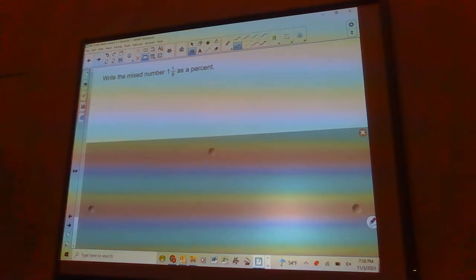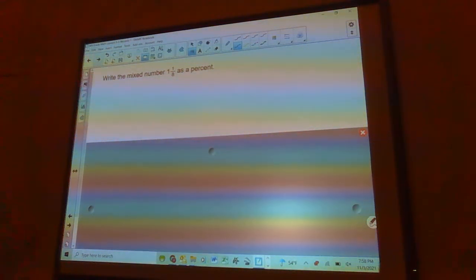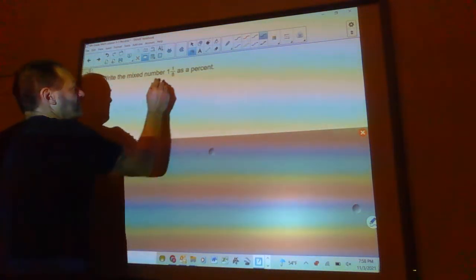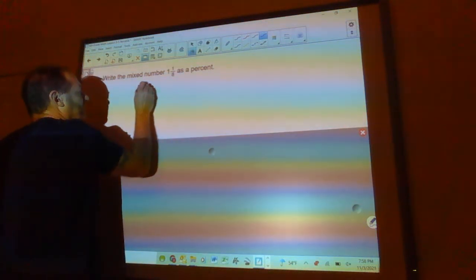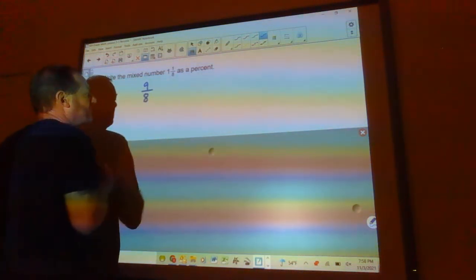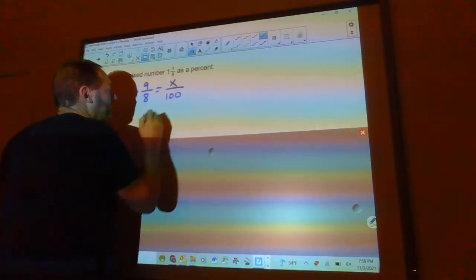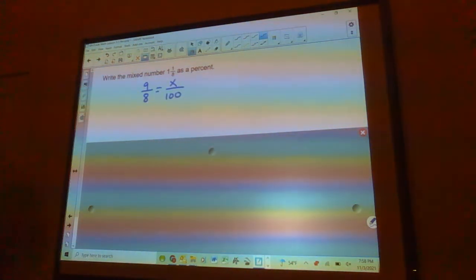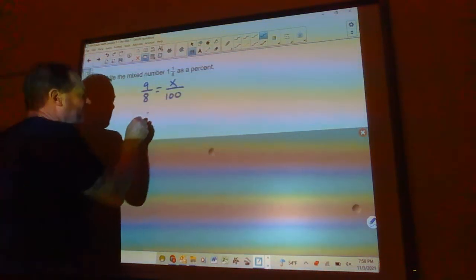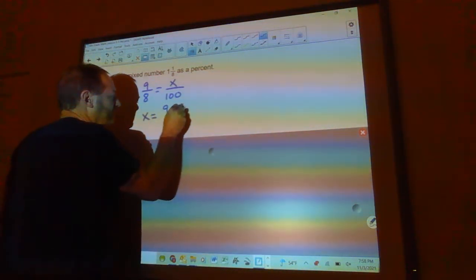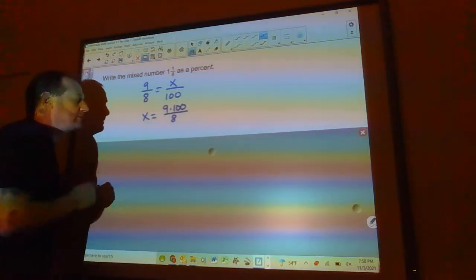All right, write the mixed number 1 and 1/8 as a percent. All right, so the first thing you want to do here, you probably guessed it, is turn this into an improper fraction. So it's going to be 1 times 8 is 8, plus 1 is 9, so this is 9/8. And you want to set that equal to something over 100. And so x is going to be 9 times 100 divided by 8.